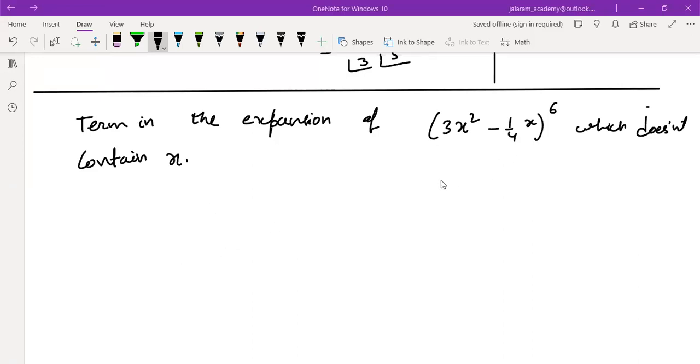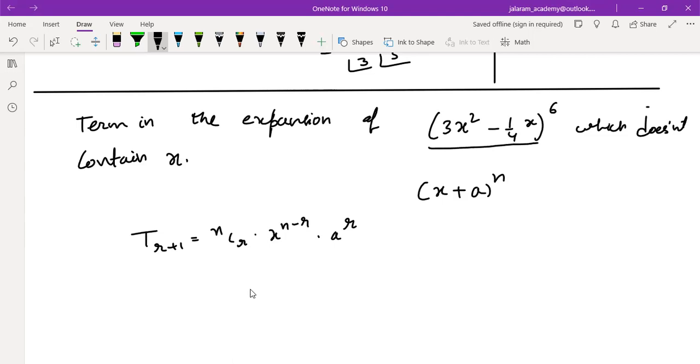So to find this, first of all, compare it with (x plus a) whole to the power n and its general term: T r plus 1 equals nCr x to the power n minus r into a to the power r. In place of n, it is 6: 6Cr. In place of x, it is 3x square whole to the power 6 minus r.